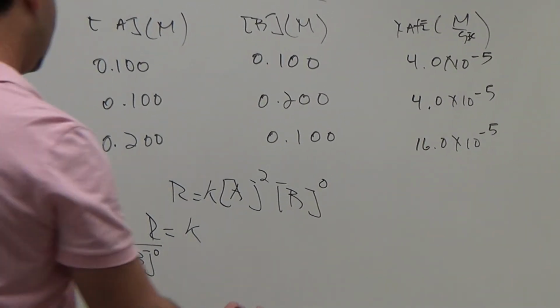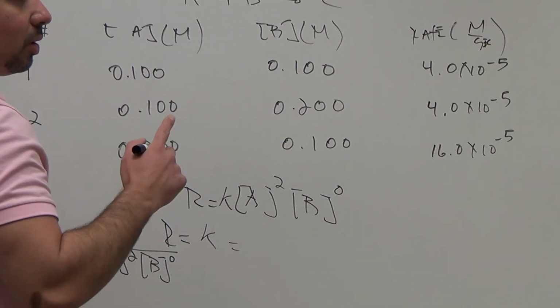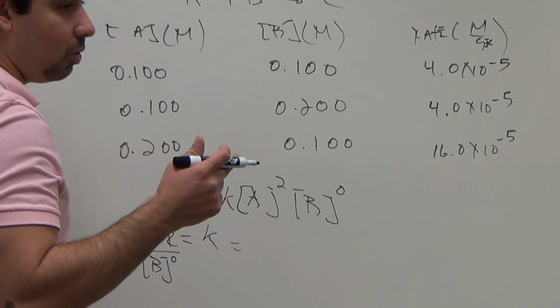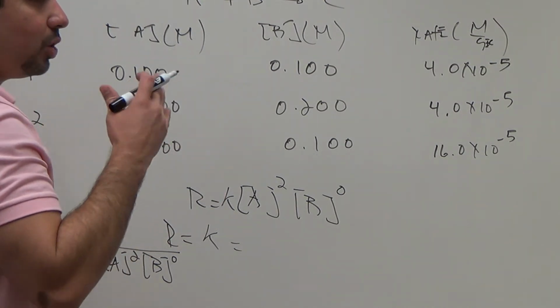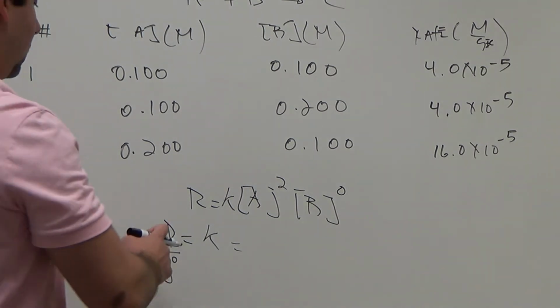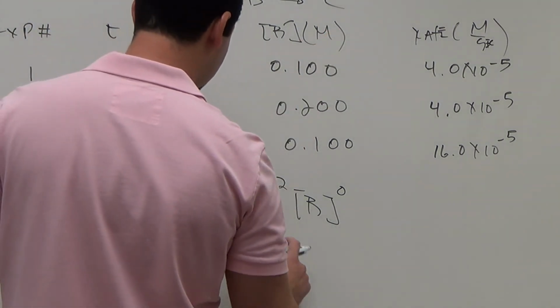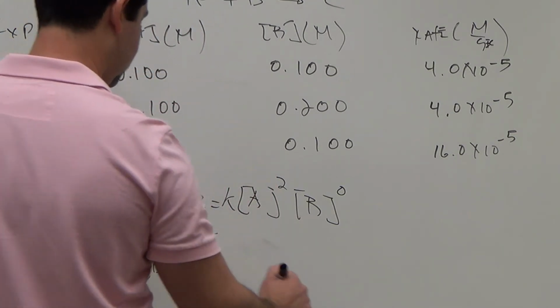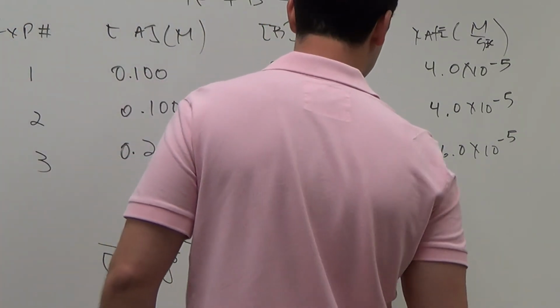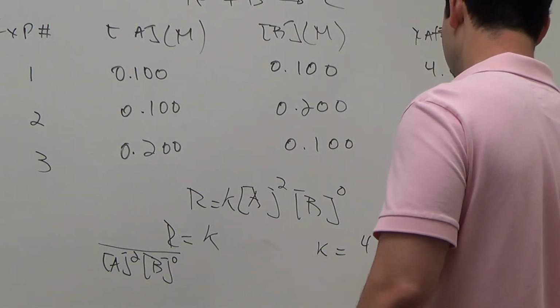Yes or no? Which rate am I going to use? The first one, but you can use all three. Or you take an average of all three, or you do whichever one of the three. So let's say this rate is the first one, so let's do it separately. K is equal to the rate, which is 4.0 times 10 to the minus 5.